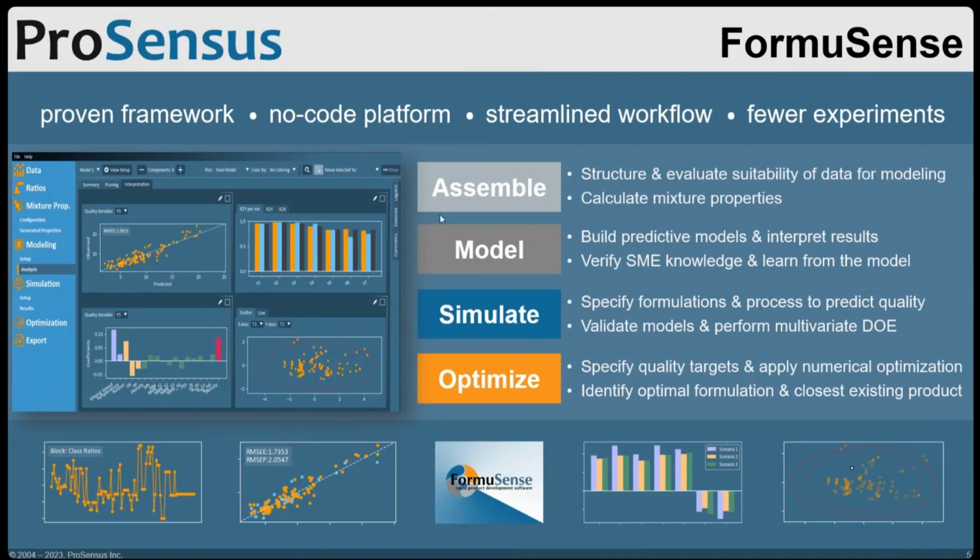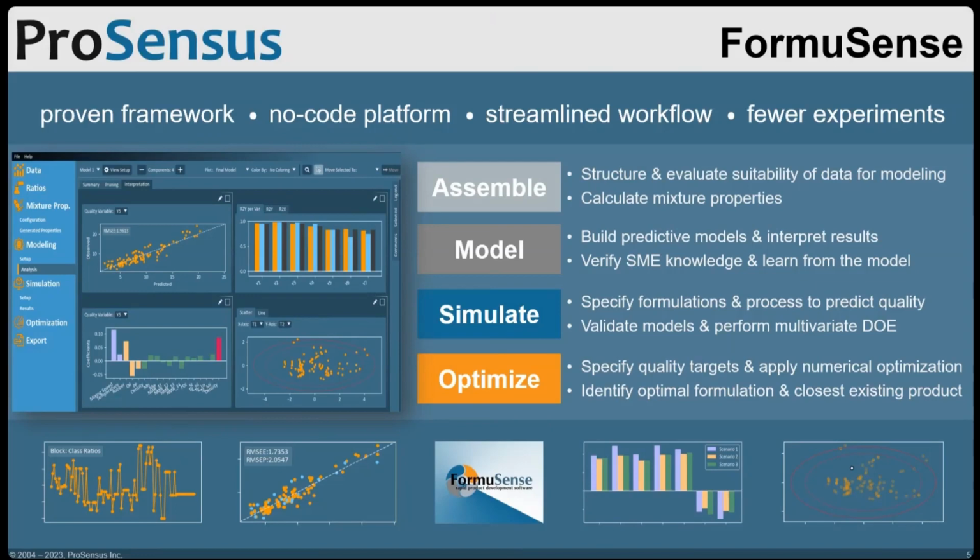And we have 4 buckets the work falls into. The first one is assembling the data. So we all know when we're doing these types of projects that assembling the data is the most painful part, but also very important to make sure that we can look at that data, make sure there's actually variability in the data, nothing missing, and so on.